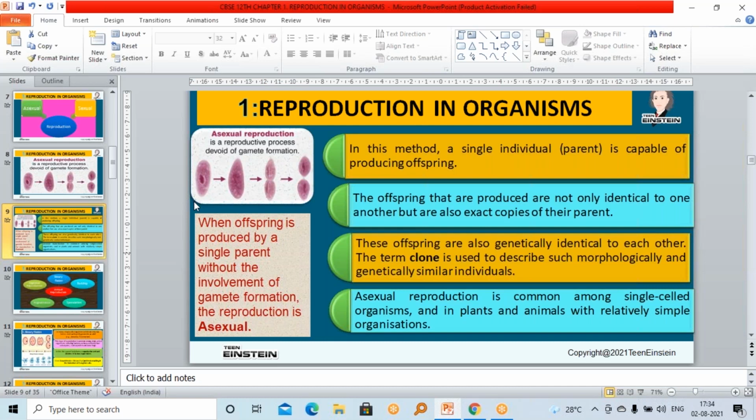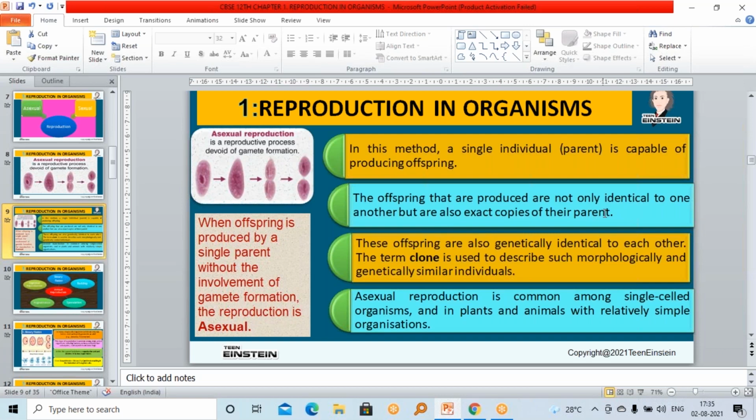I'll explain it in detail. Asexual reproduction, I said, doesn't have any gamete formation. So, when an offspring is produced by a single parent, or there is no gamete formation for the purpose of reproduction, that kind of reproduction is called asexual reproduction.